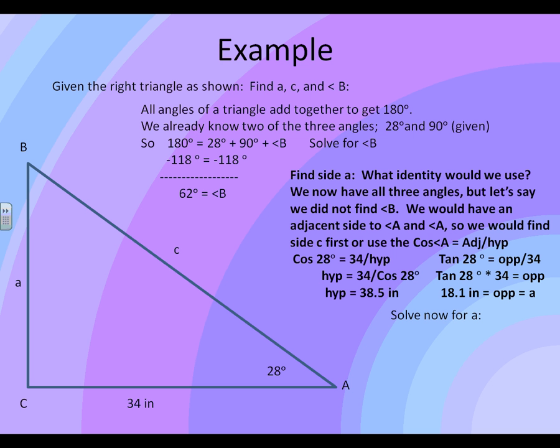Now we can solve for A. We already solved for A, but let's say we just looked at the cosine to begin with. We can solve for A by using a sine function now. Sine of 28 equals the opposite side over the hypotenuse. Let's say we did not use the tangent in the above example.